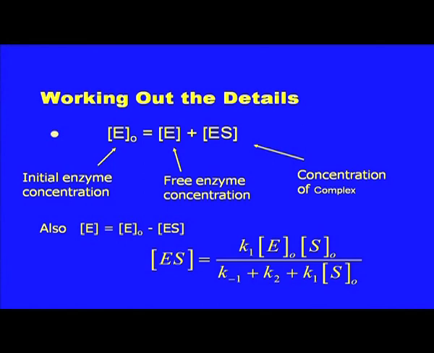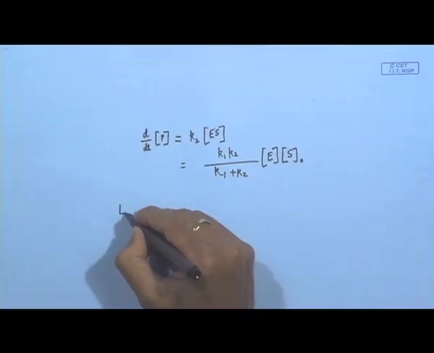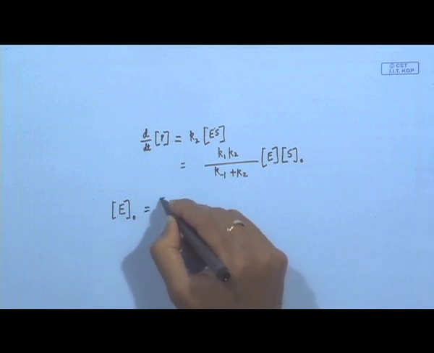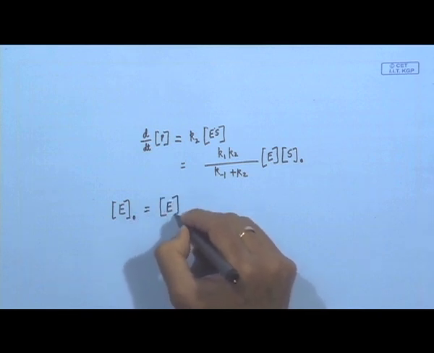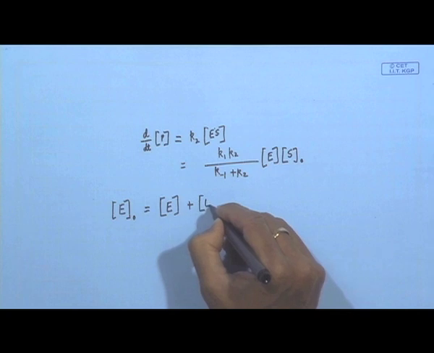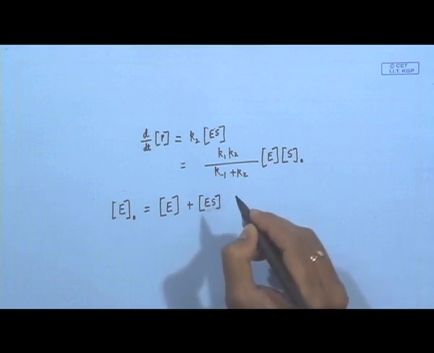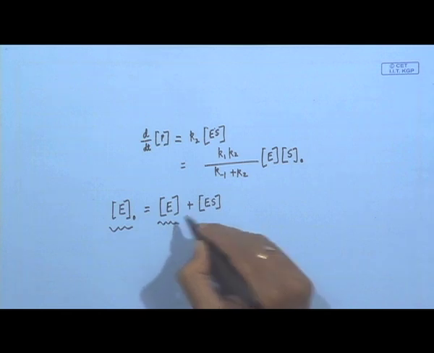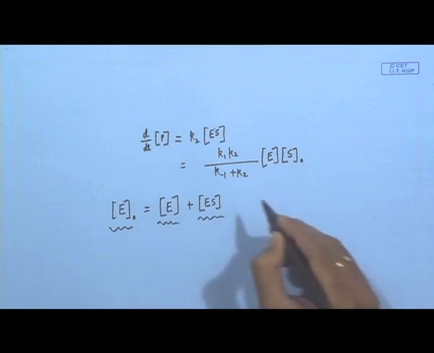Now let us do one thing. We have to think of the overall concentration of enzyme. The initial concentration of enzyme is E0, which is equal to free enzyme concentration plus enzyme substrate complex concentration.